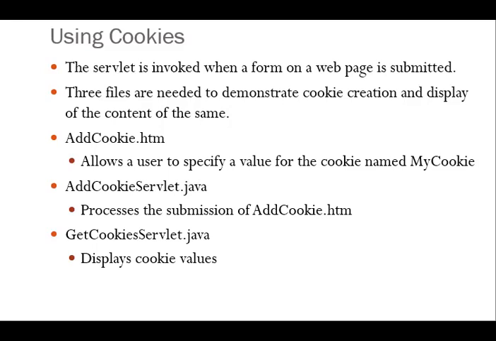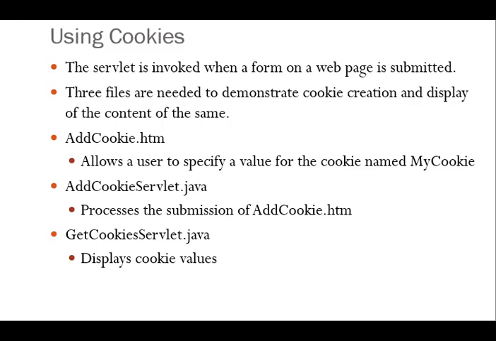In this particular example, let us consider we have three files to demonstrate the cookie creation and display the contents of the cookie. First, AddCookie.htm, which allows a user to specify a value for a cookie. Then we will add one servlet, that is AddCookieServlet, and GetCookieServlet.